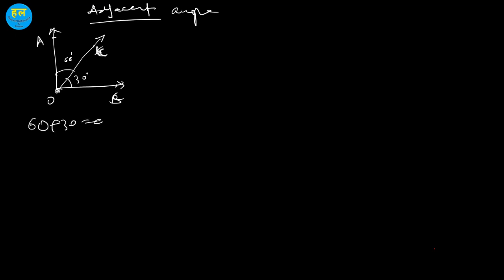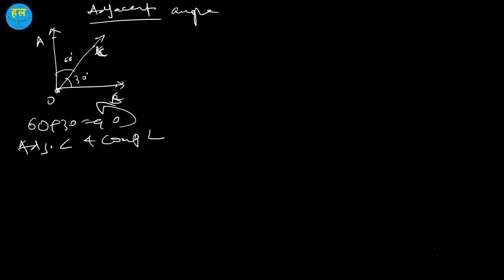Let us assume there is a point O, the vertex, and there are rays with points A, B, and C. If this is 30 degrees and this is 60 degrees, then they are adjacent to one another, and because their sum is 90, they are also called complementary angles. They are called adjacent angles and complementary angles.